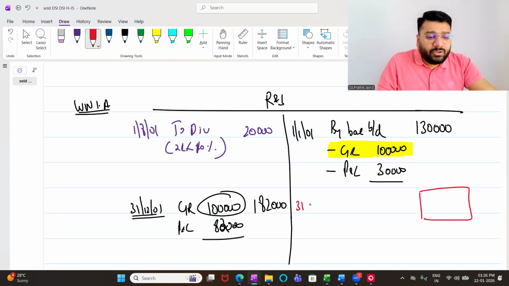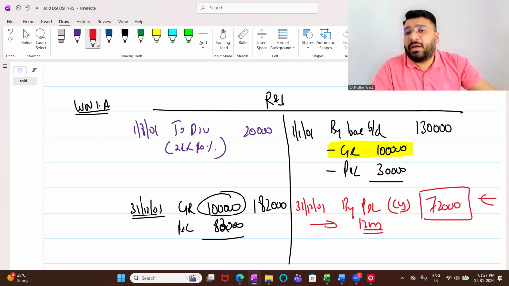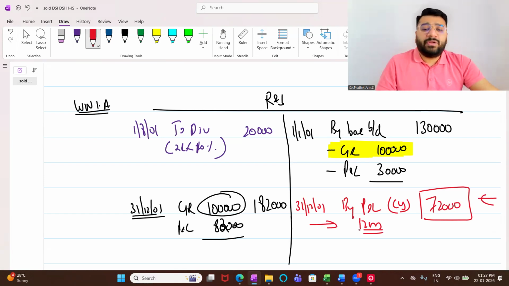So 31.12.01 by P&L, current year profit. This is current year's profit of 12 months, 20,000, 72,000. Okay. This is 72,000 profit for current year, 12 months. You will ask me, sir, what is this nonsense? Every time 12 months only comes.